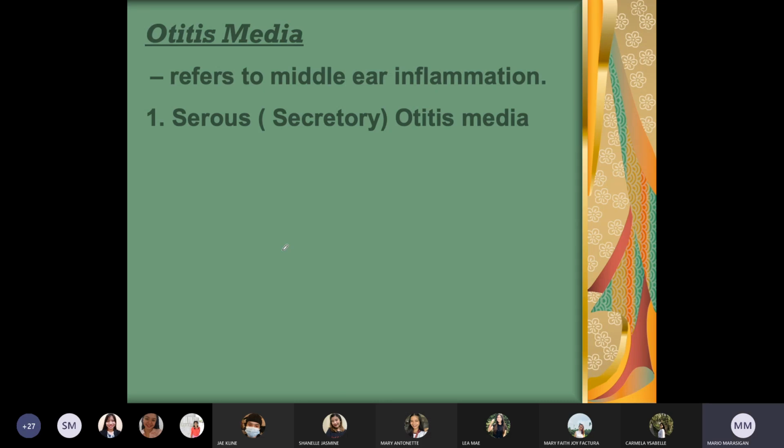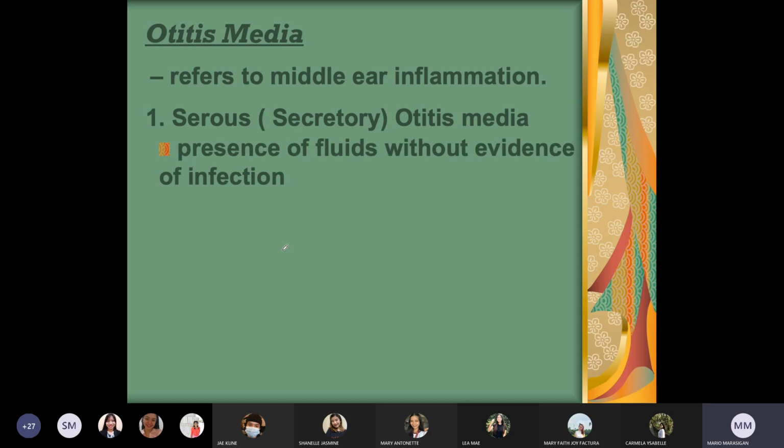Next is the otitis media, refers to middle ear inflammations. Okay, you have types of otitis media. You have the serous type or the secretory otitis media. Presence of fluid without evidence of infections.